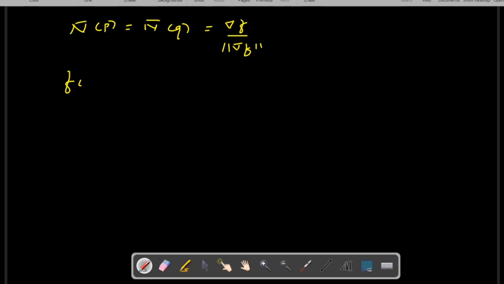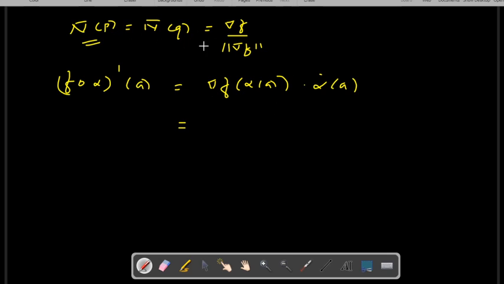Then f circle alpha whole dashed of a. What is a? A is here 0. This is equal to del f of alpha of a dot alpha dot of a. From here you can write, if you consider the p case first, you will get del f of p into n bar of p dot alpha dot of a, which is the same as your vector v at p.